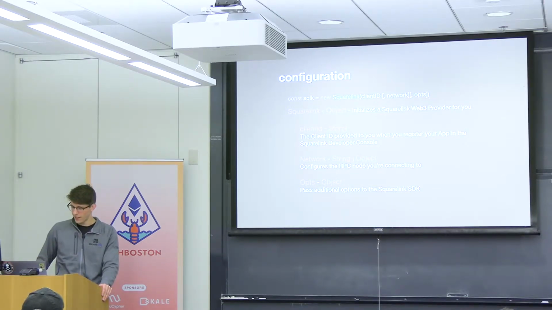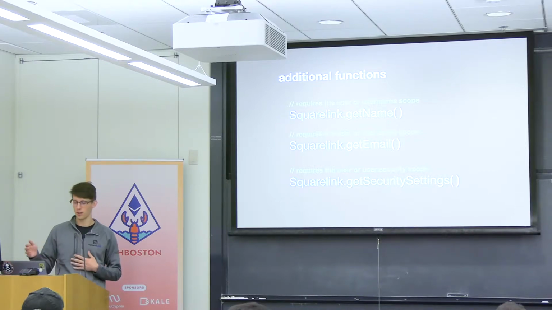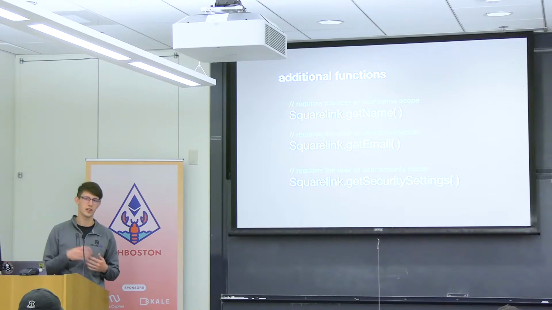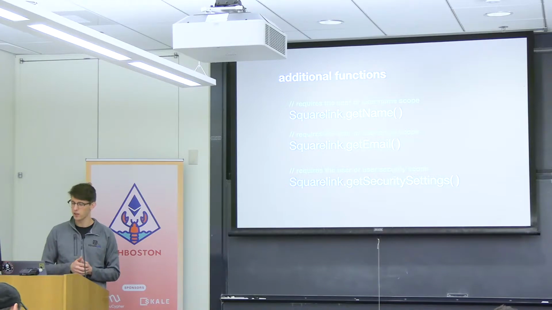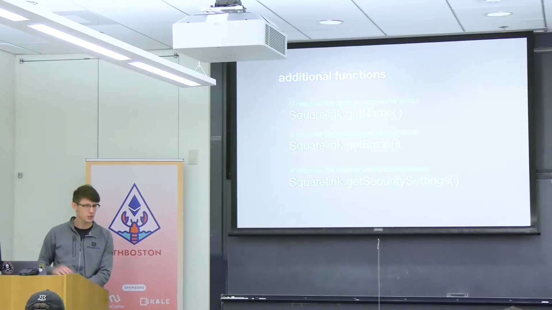Super easy. And then options, we'll go over this in a second, but when you actually create a provider engine, it comes with a couple of custom features, like getName, getEmail, getSecuritySettings. These are all on top of the standard Web3 provider, where you can do eth.getAccounts, eth.sendTransaction, whatever else. When a user authenticates with Squarelink through your dApp, if you're set up to use the user name scope, you can call squarelink.getName.